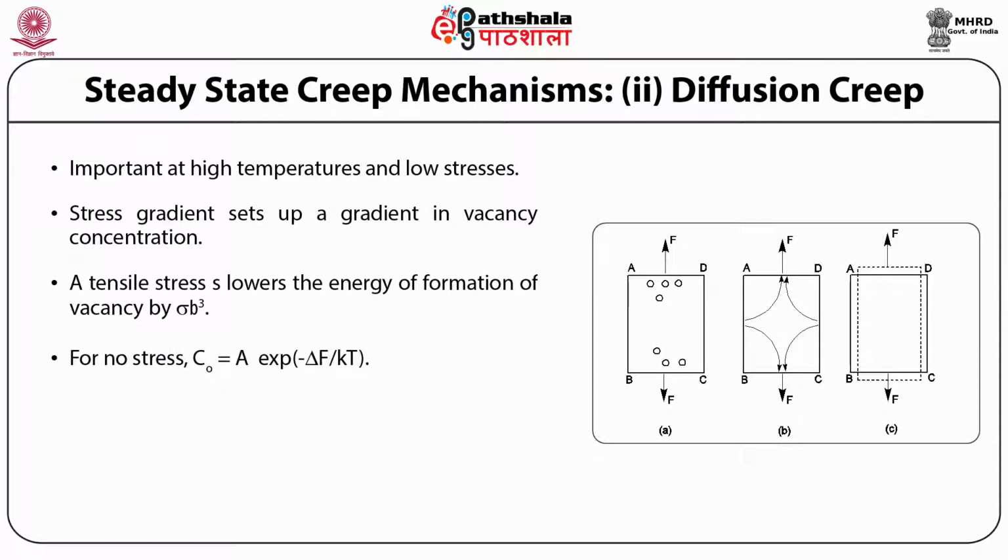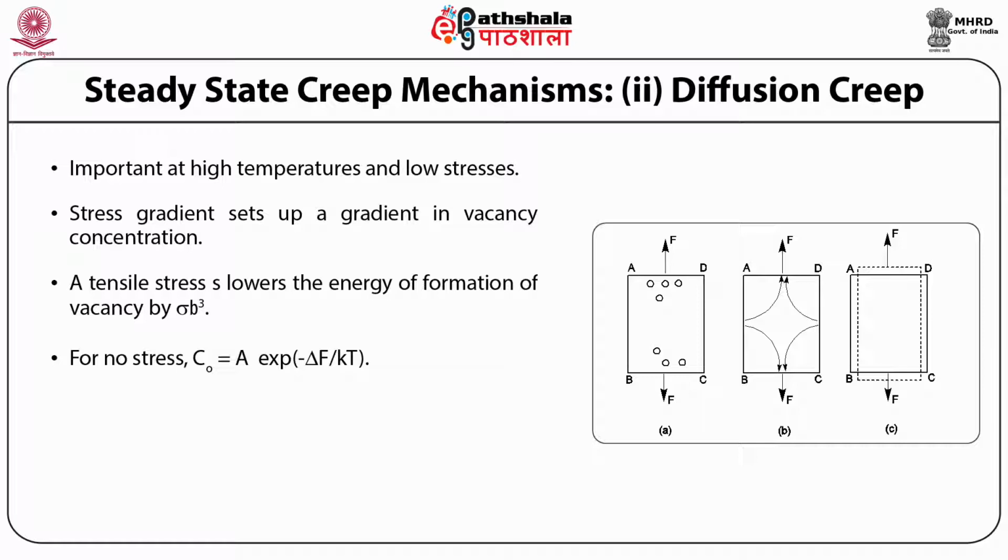For a stress-free grain, the equilibrium concentration of vacancies is given by C0 equal to A exponential of minus delta F by kT, where delta F is the free energy for the formation of vacancies.